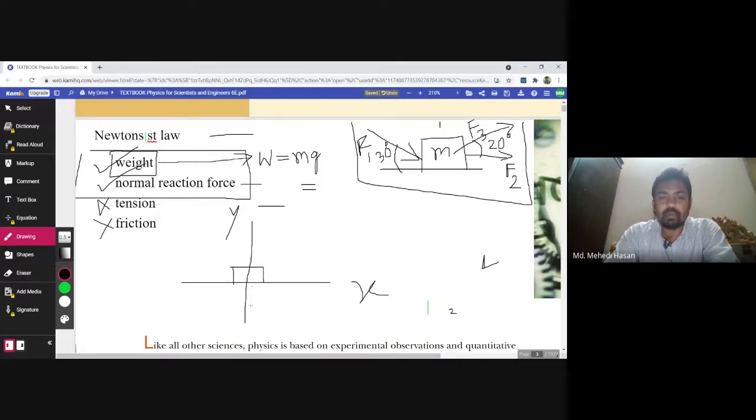Now let's see, the weight is acting downward. This is W, and normal reaction force is acting upward, which is N, and the applied force F1 is acting along that direction.